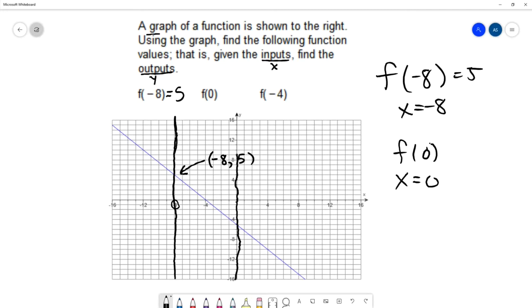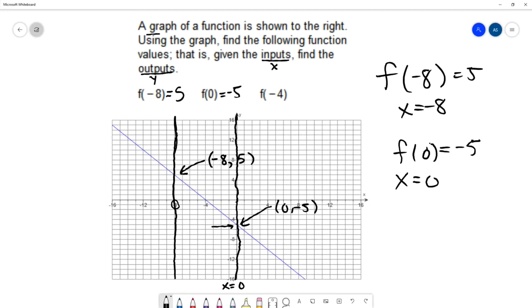So if I draw this vertical line here, that vertical line are all ordered pairs where x is equal to 0. We're going to look for the one that crosses the line. It has an x of 0 and a y of, looks like, negative 5. So our output is negative 5. F of 0 is negative 5.